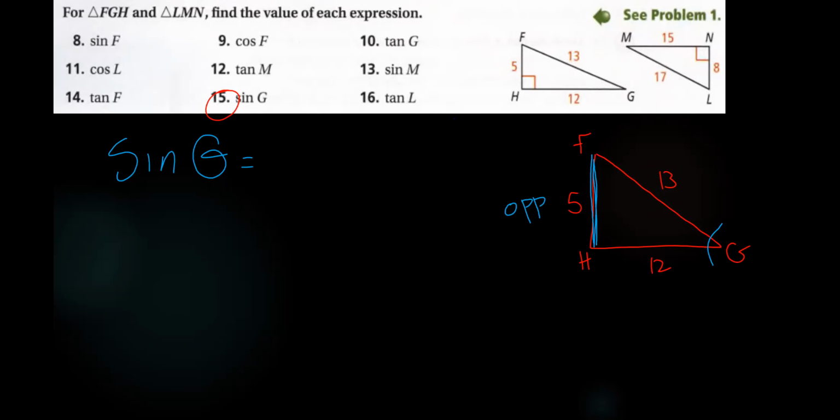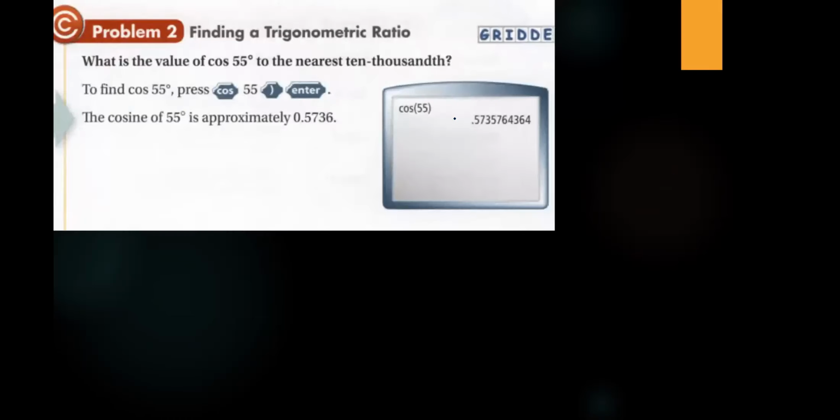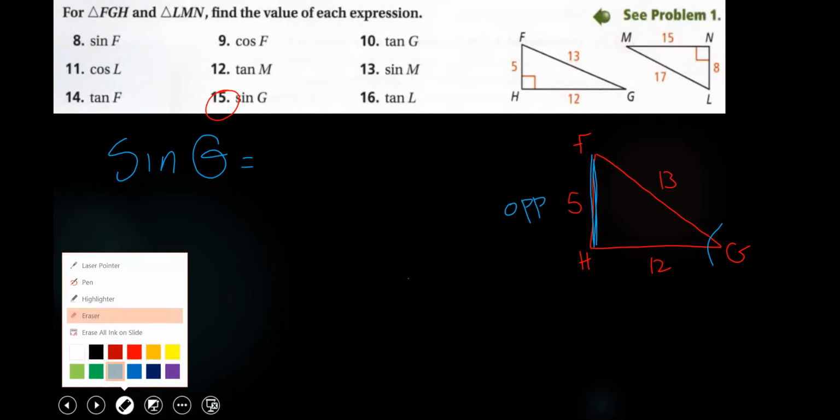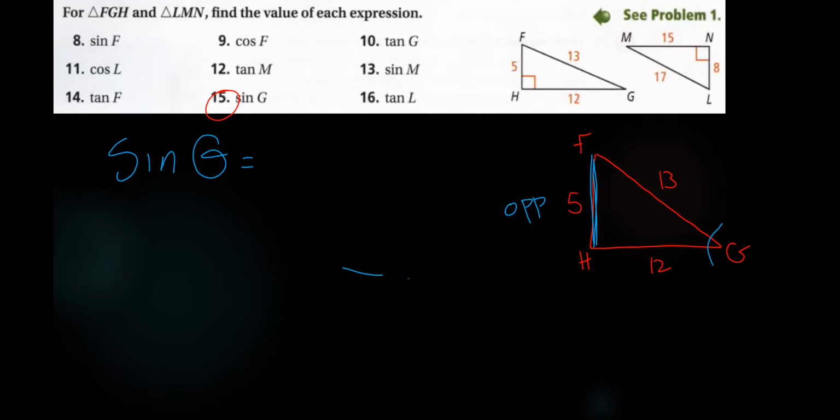If you have an angle here, this side is opposite to the angle. So if you have here the angle G, the side that is opposite to it is 5.